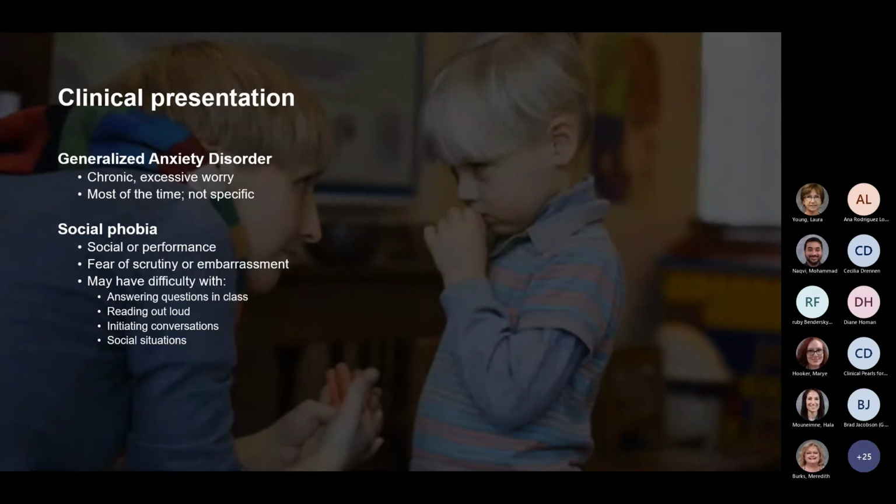Then we have social phobia, which is anxiety in one or more social situations or performance situations. These will be patients who fear social scrutiny and doing something embarrassing in front of others. And then they may have difficulty answering questions in class, reading out loud, initiating conversations, and attending social situations.